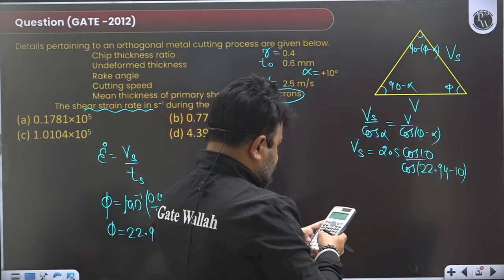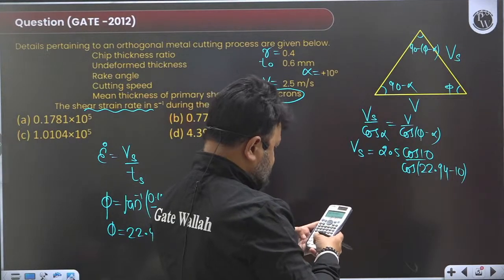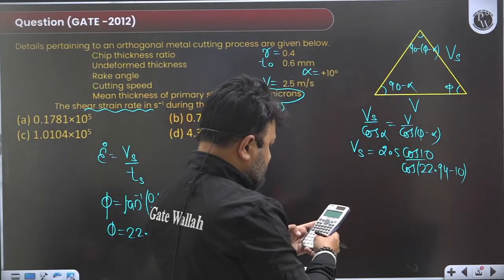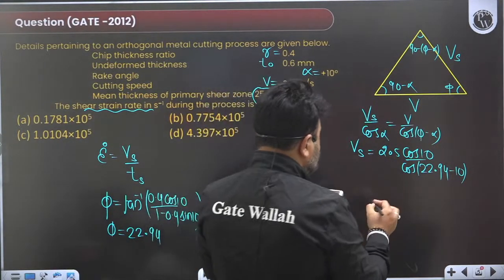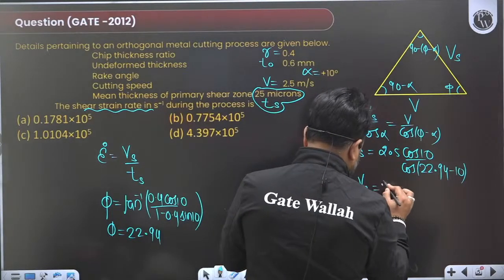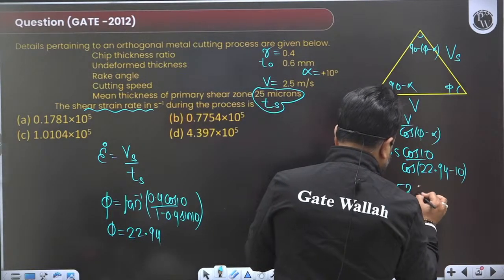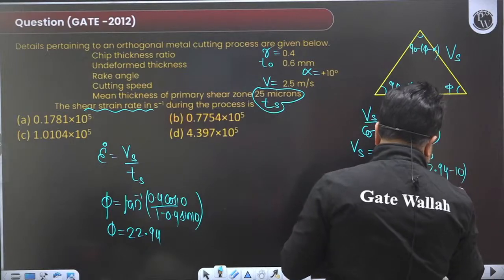So the shear velocity is 2.526 meter per second.